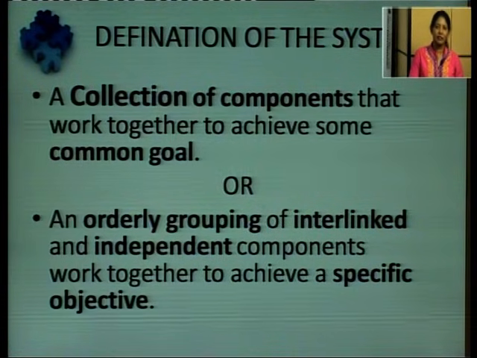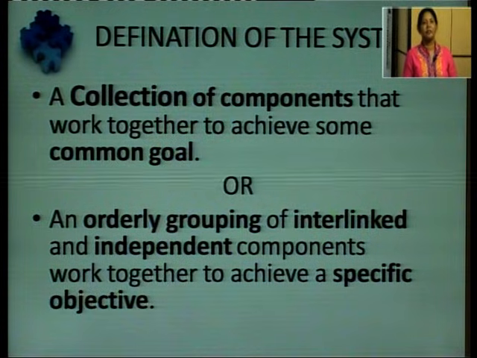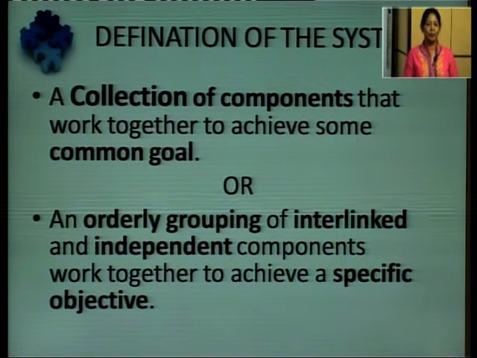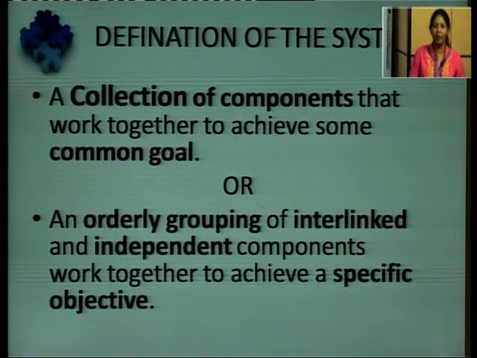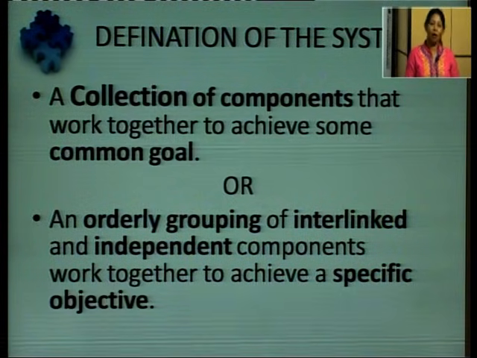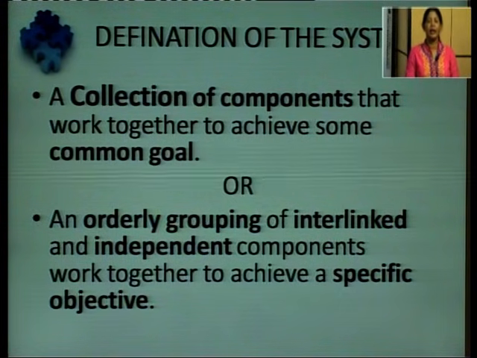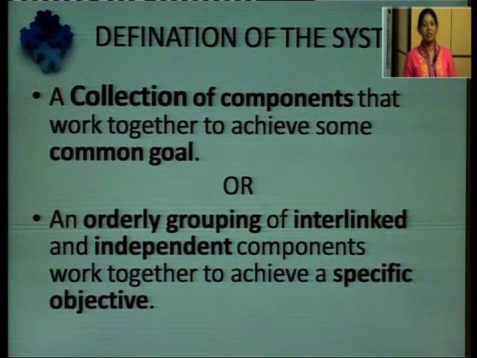So the definitions of the system: first of all, we can say that it is a collection of components that work together to achieve some common goal. Or you can say an orderly grouping of interlinked and interdependent components that work together to achieve a specific objective.